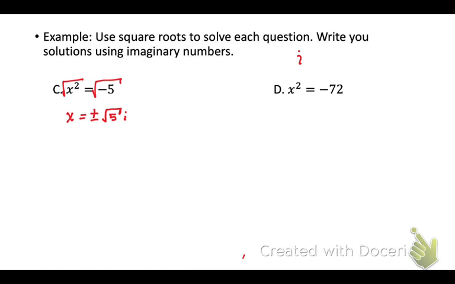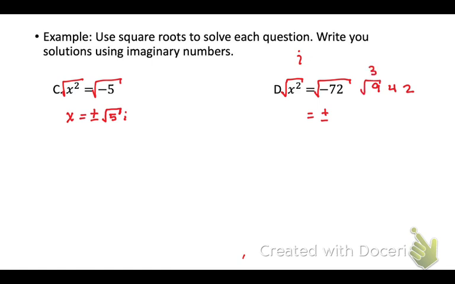Okay, now I'm going to have a square root again. 72 is a composite number. Is there a perfect square in 72? No. 9, what else? 8. Well, 8 is 4 and 2. So I have plus or minus. What's the square root of 9? 3.